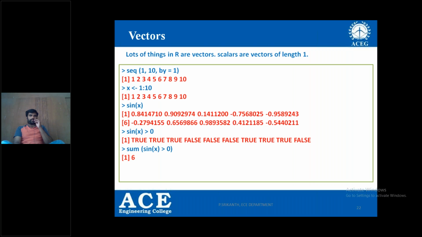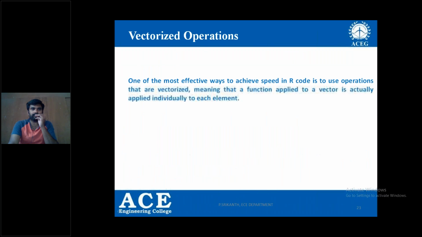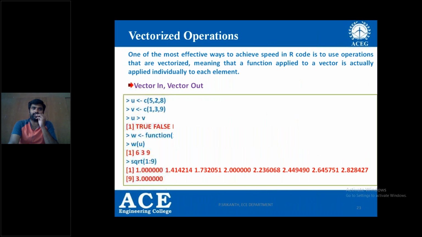Similarly, this part is already discussed in the first chapter itself: how to define vectors. Vectorized operations: you can give input as a vector and get the output as a vector. For example, square root of 1 to 9. 1 to 9 is a vector passed as an argument to the function.